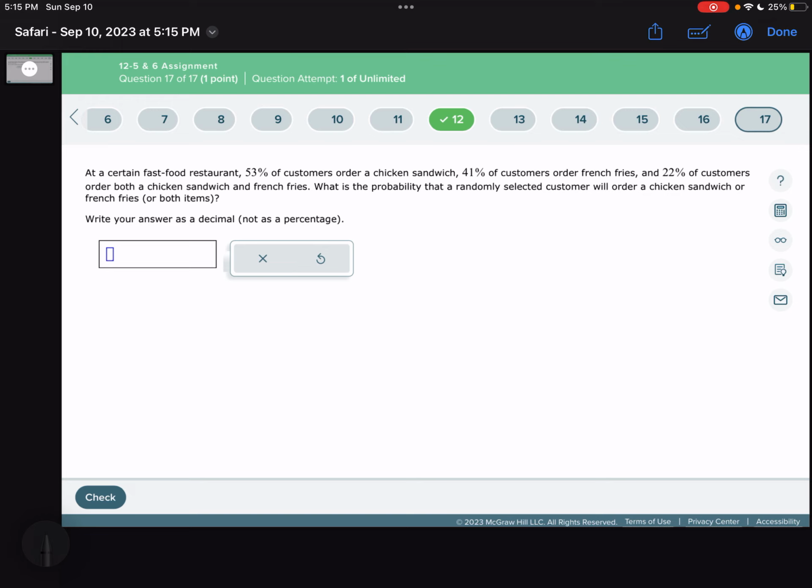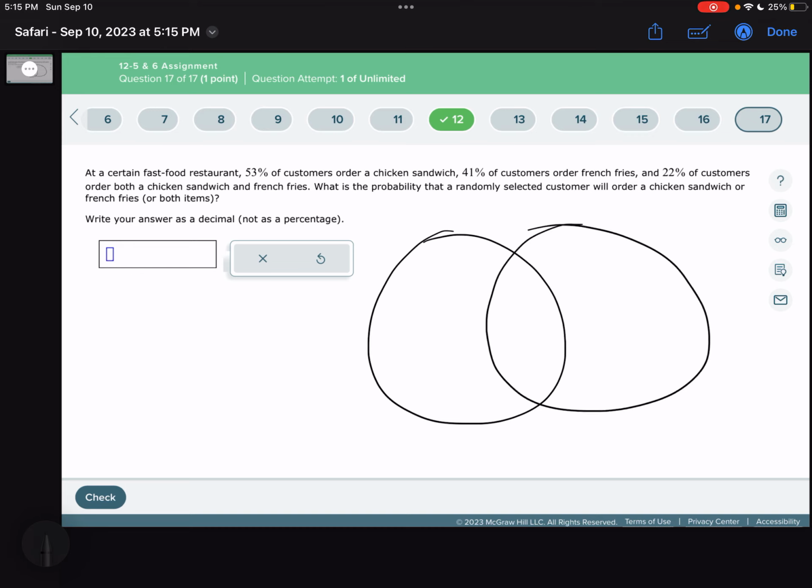So the way that this is going to work is going to be easiest if we draw a Venn diagram. So this is my chicken sandwich. These are my fries. I was told that 22% of the customers order both. So 22% of my customers live here. 53% of the customers are going to be in this circle of chicken sandwiches, and 41% of my customers live in the fries.